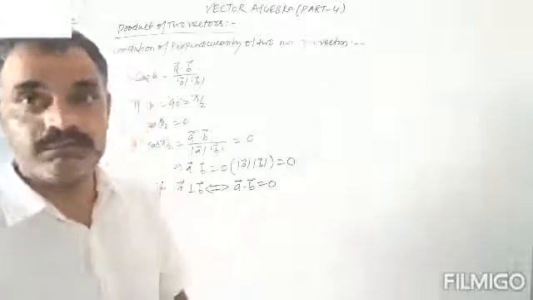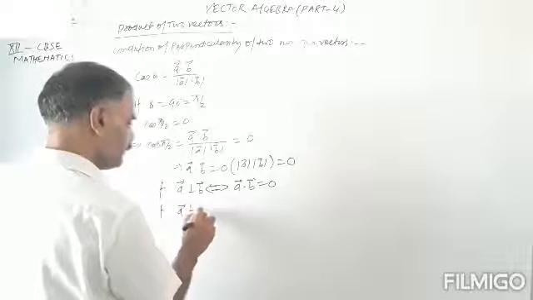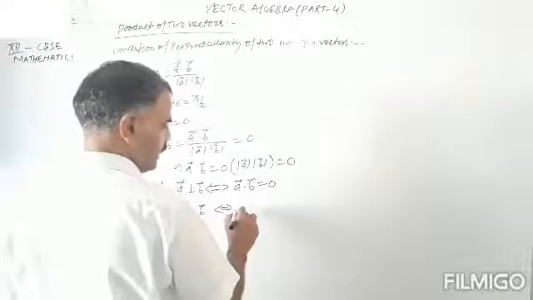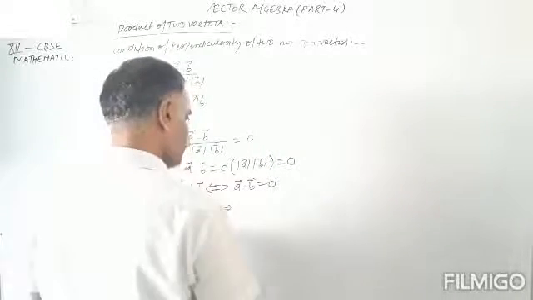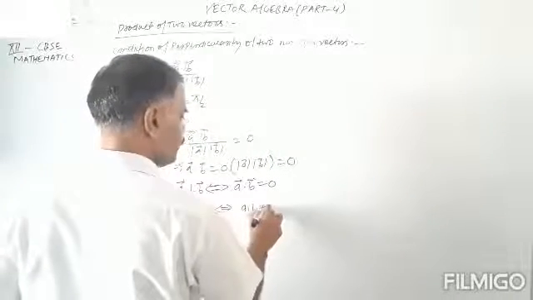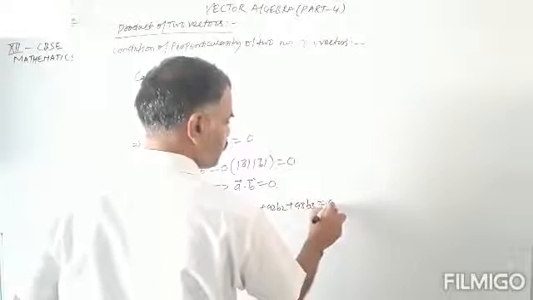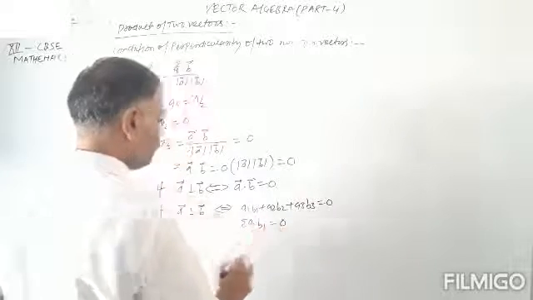And in component form, if a vector is perpendicular to b vector, then this implies that a1 b1 plus a2 b2 plus a3 b3 is equal to 0. That is summation a1 b1 is equal to 0.